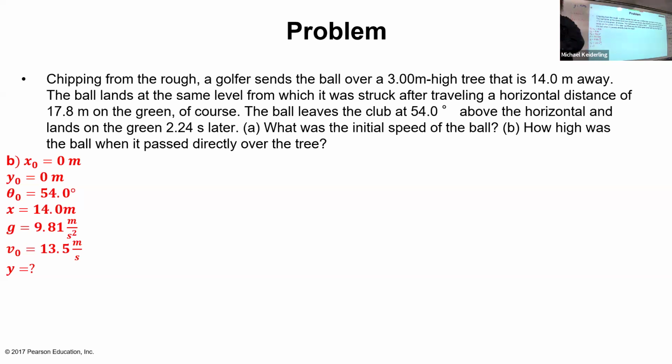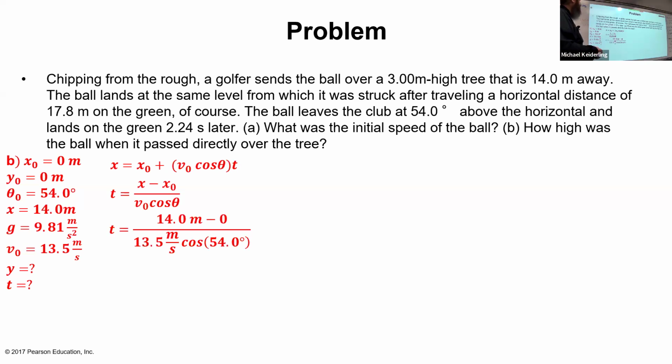So to go from x to y, the thing that ties x and y together is time. So we need to know what time is. Our first step will be finding the time. So x equals x naught plus v naught cosine theta t. We want to solve this for t. T will equal x minus x naught, delta x, over v naught cosine theta.